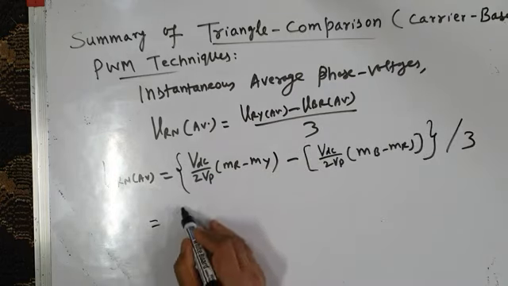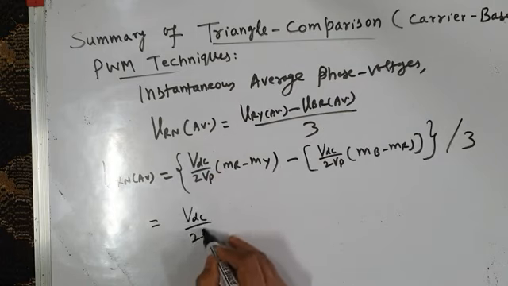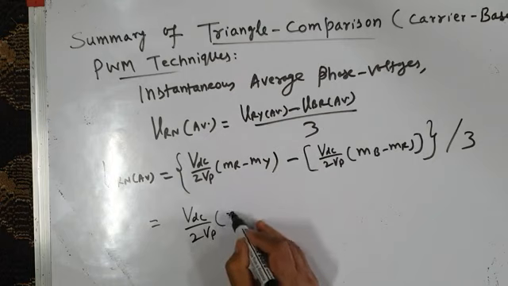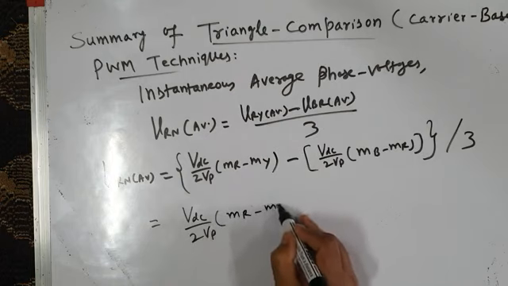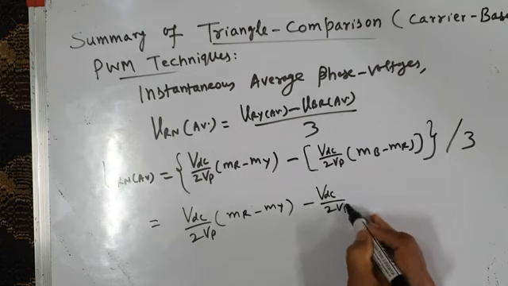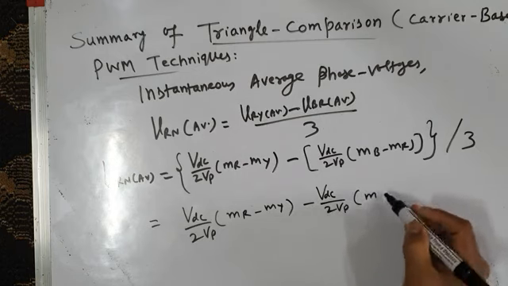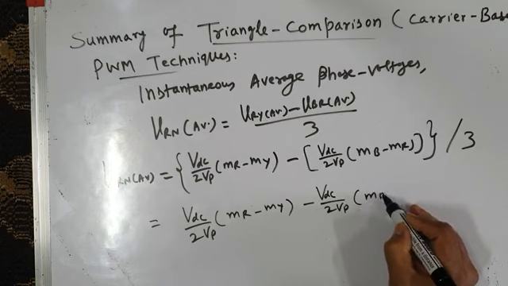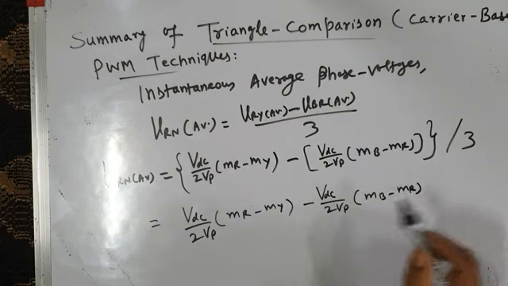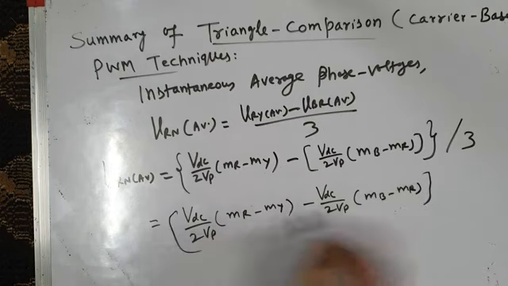If you expand it, it is Vdc by 2Vp (Mr minus My) minus Vdc by 2Vp (Mb minus Mr), whole divided by 3.